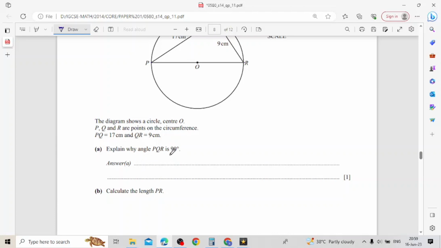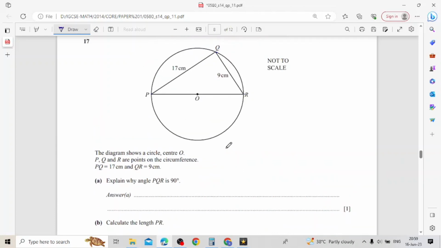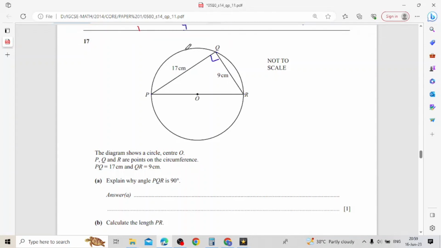A. Explain why angle PQR is 90 degrees. PQR is always 90. Yes, we have a theorem, a rule that any angle inside a semicircle, see from here P, R, and back here Q, and come just like that down. Wherever you draw an angle in a semicircle, it is always a right angle.